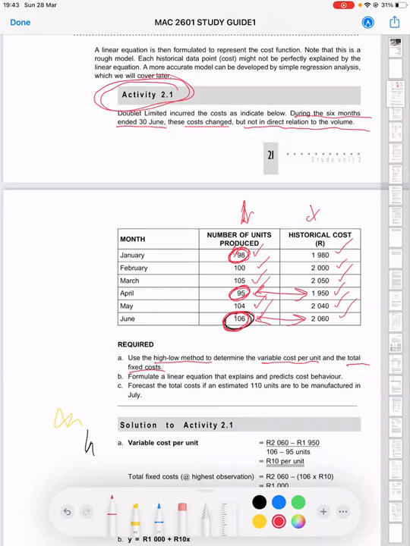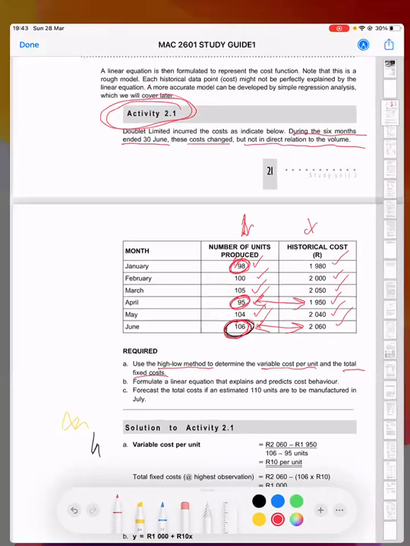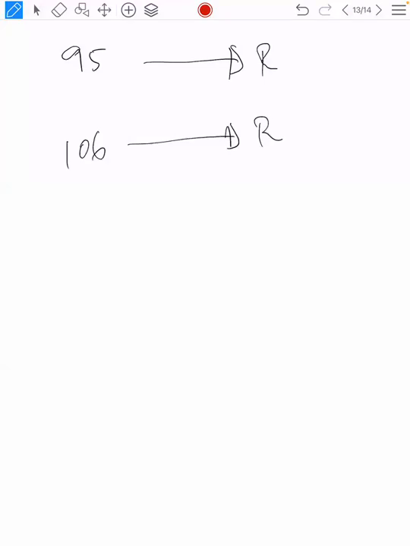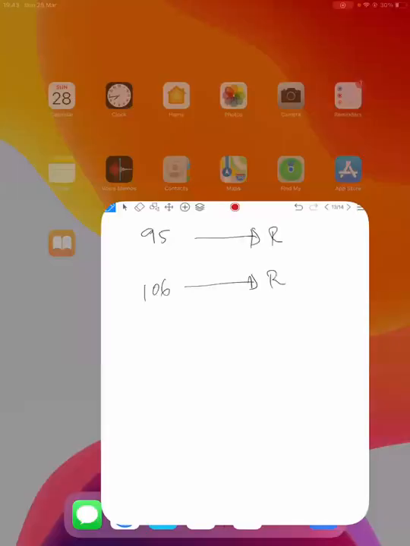You just have to pick the 2 points, the highest and the lowest level of output, and ignore the rest. So now, in our calculations, we have identified 95 units, and we have identified 106 units. What could the respective costs be?